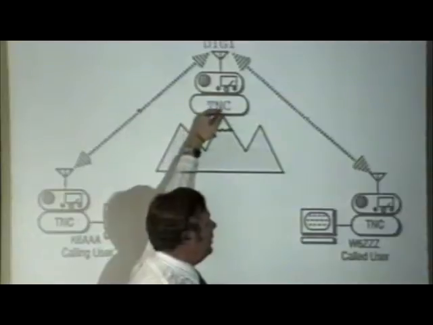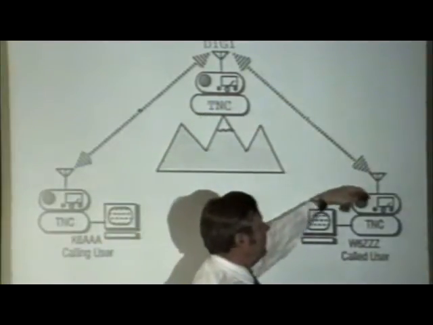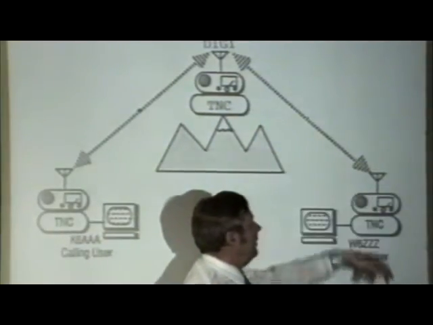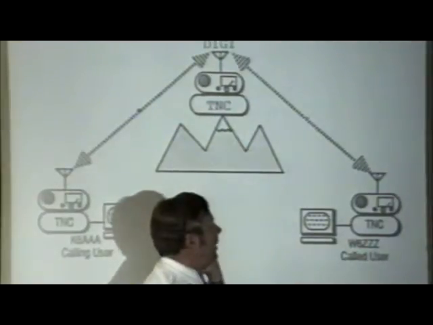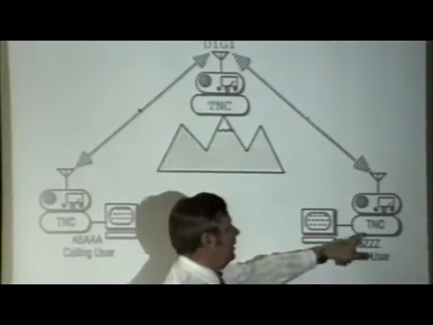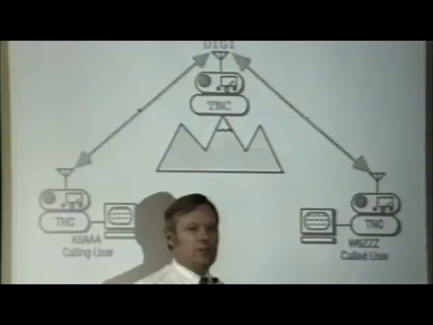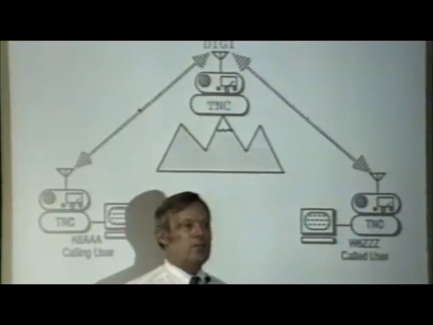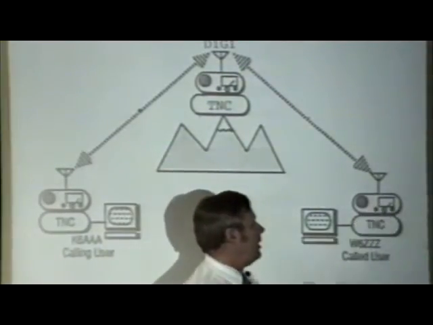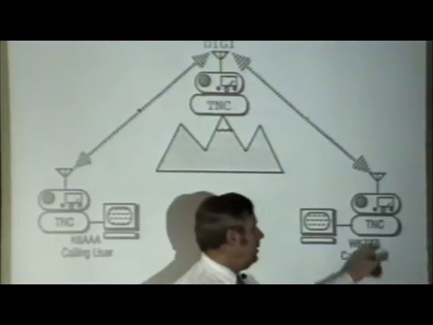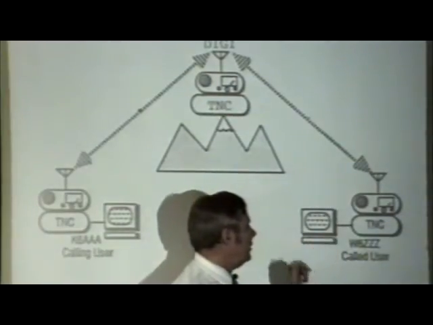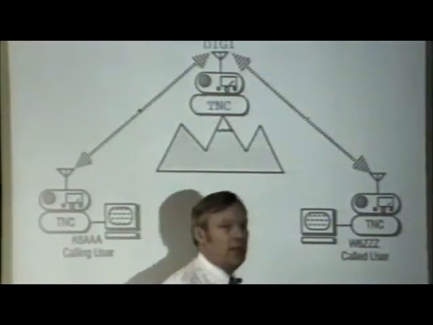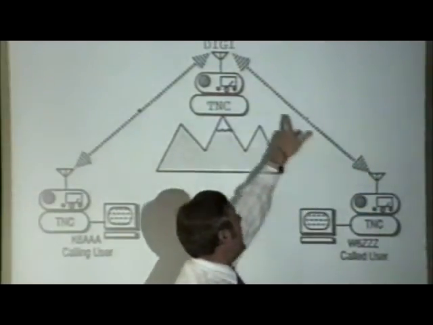When the frequency is clear, it retransmits it. Then he throws it away. W6ZZZ gets the SABM, turns on the connect light, gives the message to the screen connected to K6AAA, sends the UA back.